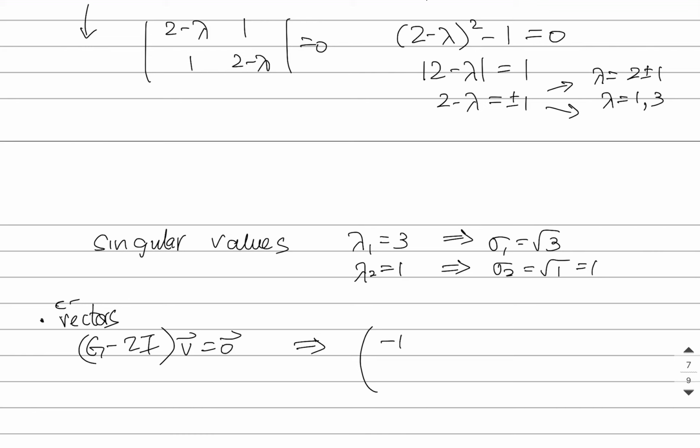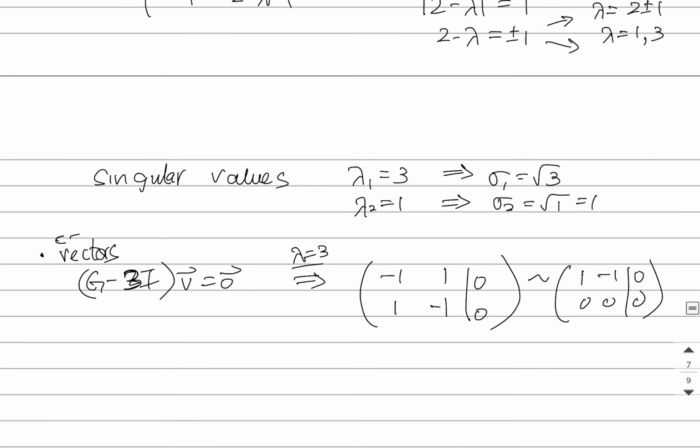You'll get negative 1, 1, 1, and 1, negative 1. Sorry, there should be a 3 when lambda is 3. So you can row reduce this: 1, negative 1, 0, 0, 0, 0. And that'll tell you that V1 should just be 1, 1.